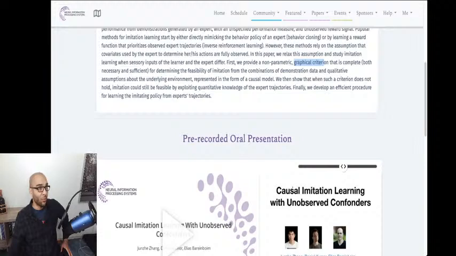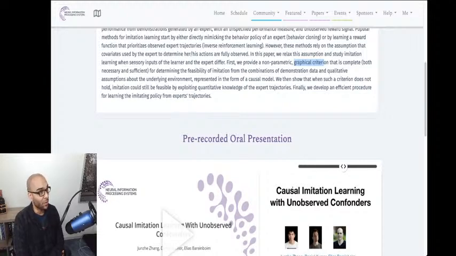We then show that when such a criterion does not hold, imitation could still be feasible by exploiting quantitative knowledge of the expert trajectories. So what we're going to say here is that this first bit is going to be a way of telling whether or not imitation learning is even going to work when the things that are being seen by the learner and the expert differ.